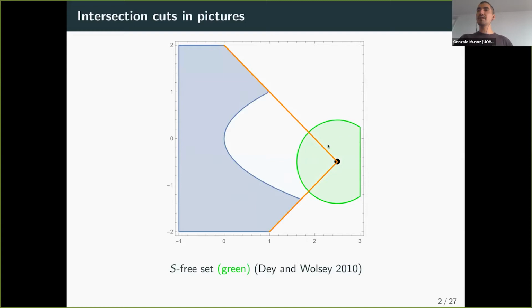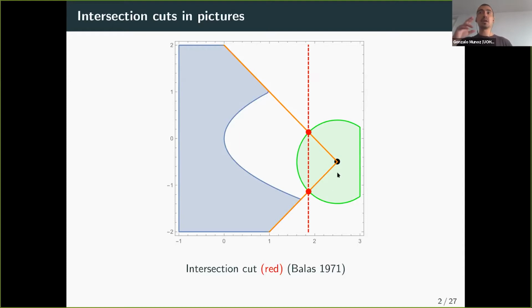It's a convex set that does not intersect your region of interest, which in this case is the blue one. And what you do is you look at the intersection of these rays, which are just rays of a conic relaxation of your set, the blue set. You look at these intersection points here, and then you construct a hyperplane that goes through them, hence the name intersection cut.